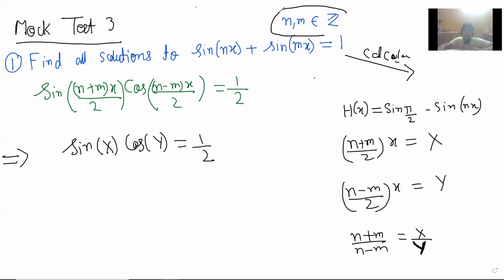Okay, I think maybe I get what you're saying. So this is fixed: n plus m and n minus m is a fixed number. That's a good point.